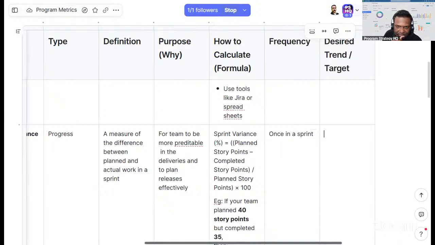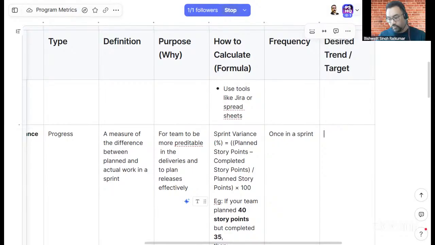Let me check the internet for what typical teams follow.